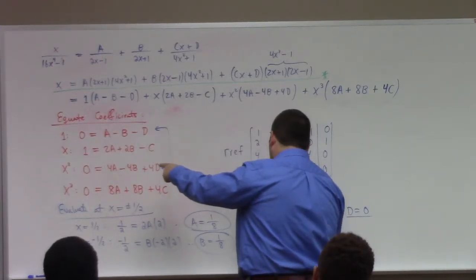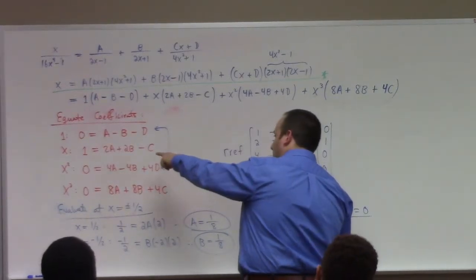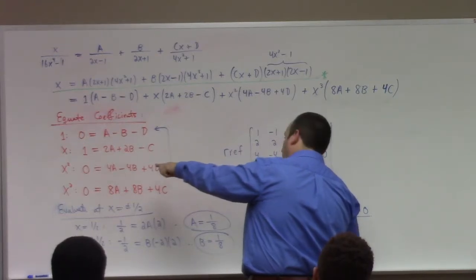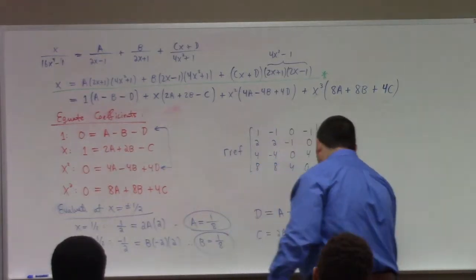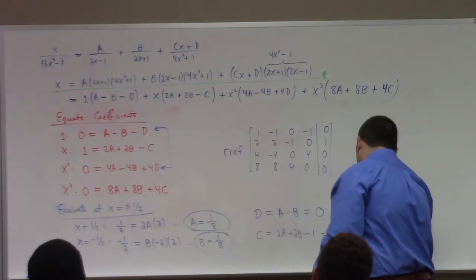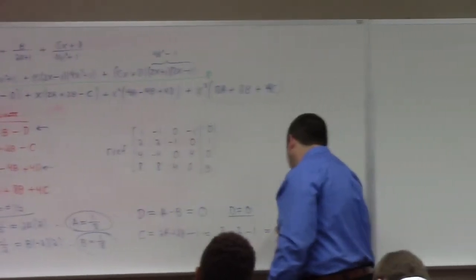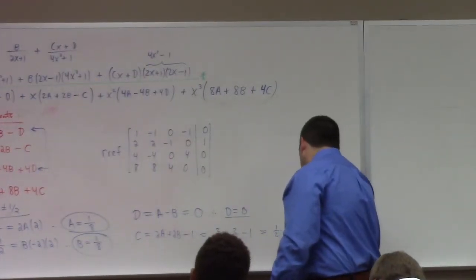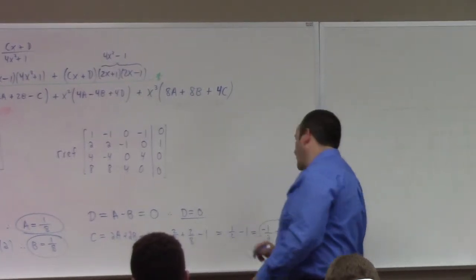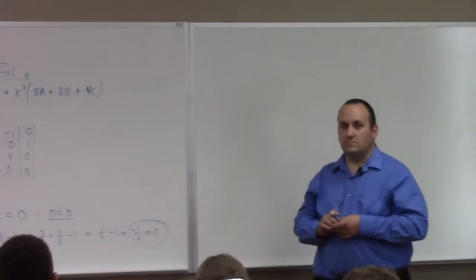So the second one I can solve for C, right? C is equal to 2A plus 2B minus 1, right? Also known as 2/8 plus 2/8 minus 1, aka a half minus 1, also known as minus 1/2. Minus 1/2 is equal to C. Yeah?